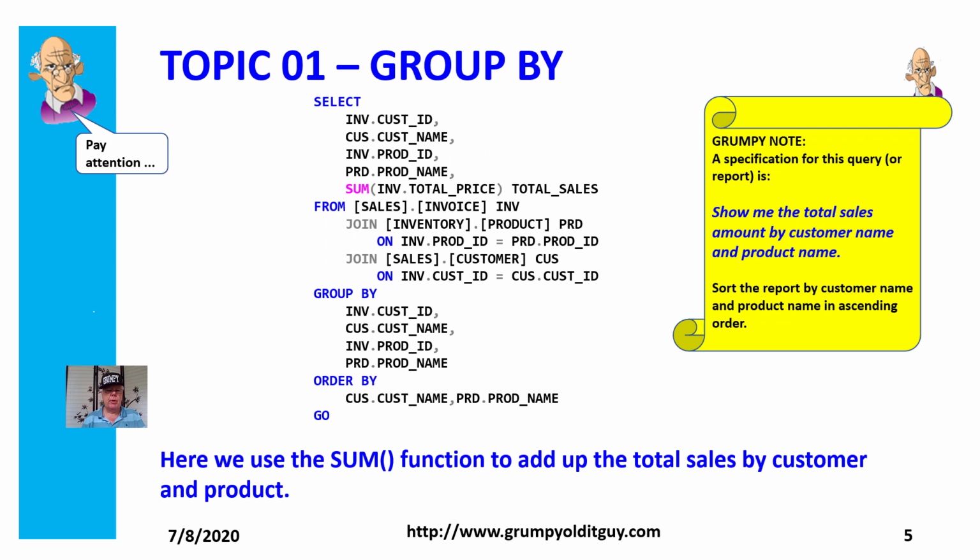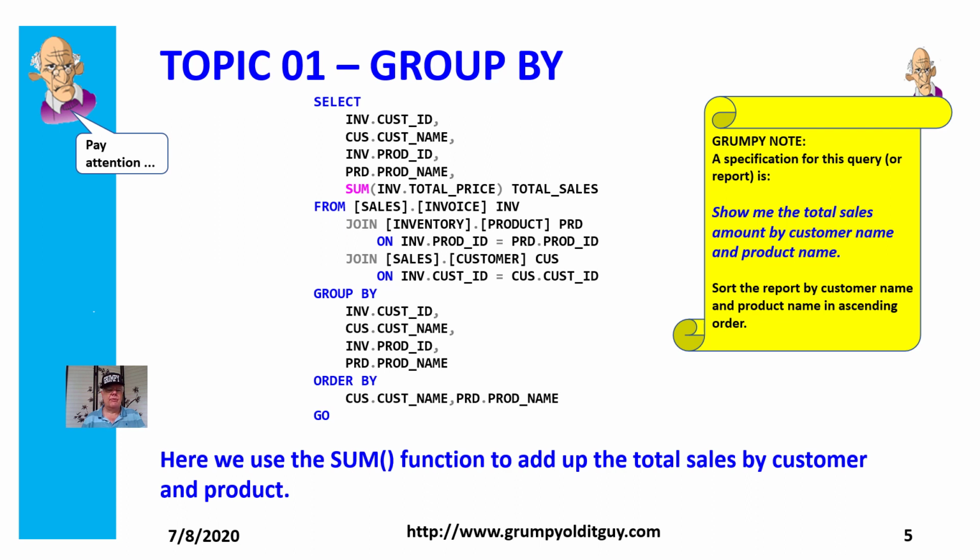But now let's look at the group by clause. There it is. Group by inv.customer ID, then cus.customer name, and inv.product ID, and finally prd.product name, right? So all the aliases for those 3 tables. And notice also that the columns in the group by clause are the same as the non-aggregated columns in the select clause, right?